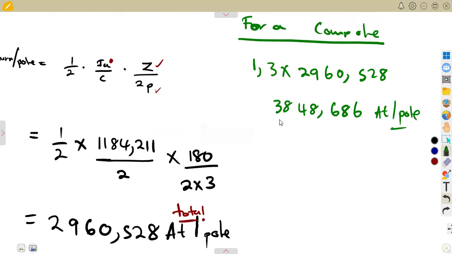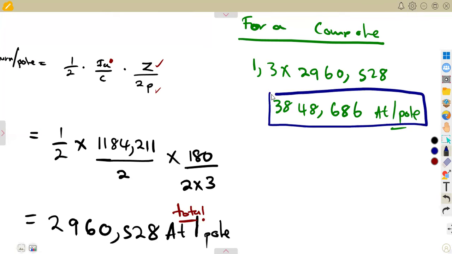This is when the condition of the compole is given. So we now have what we refer to as the total ampere turns per pole.